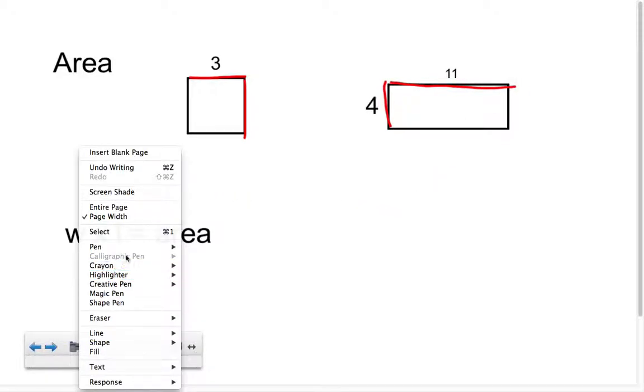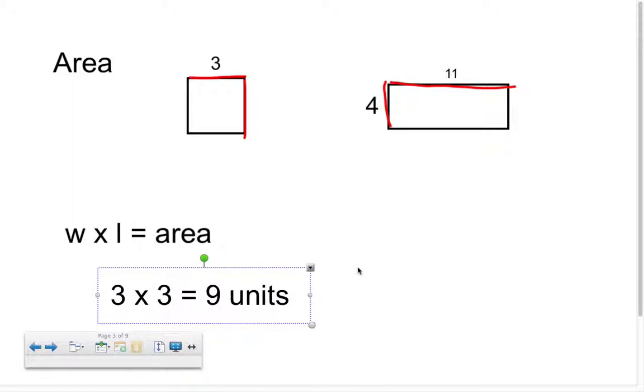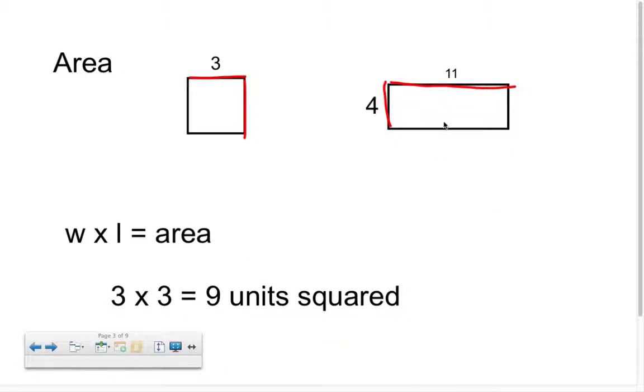With the square, you only need to know what one side is, because in the square, all sides are equal. So you would just do 3 times 3, because all of those sides are 3. So the area of our first square is 3 times 3 equals 9. 9 units squared. And the area of our rectangle up here would be 4 times 11.